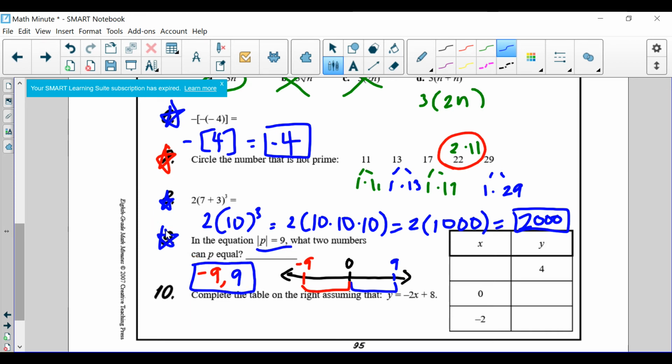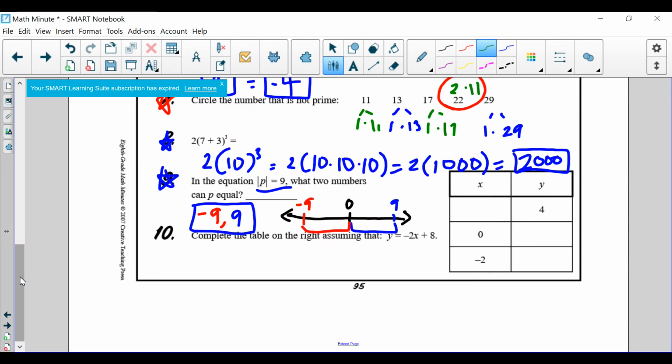Okay, we've already made it to number 10. This one's talking about a linear equation. All we have to do is figure out what's happening here. For number 10, it really wants you to find the input for something that has an output of 4. So how you do that is, I'm going to just split this into 3 pieces. You would say 4, because that's the output, and then the regular equation is this.